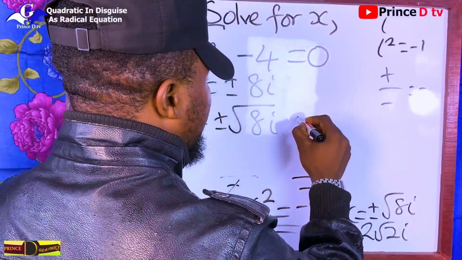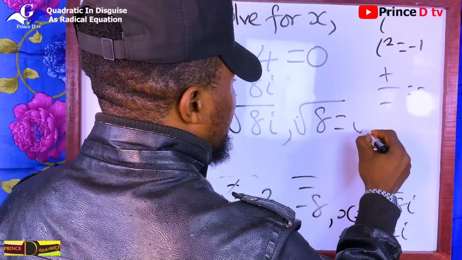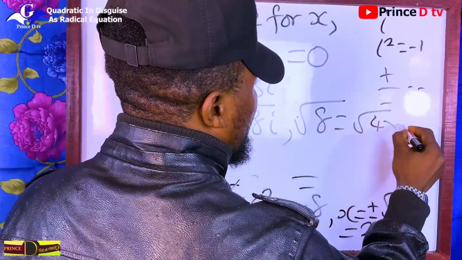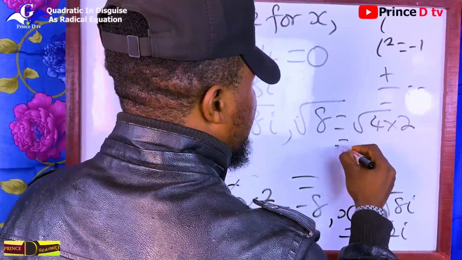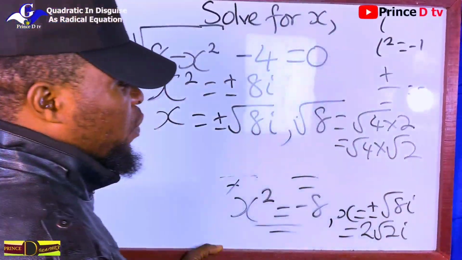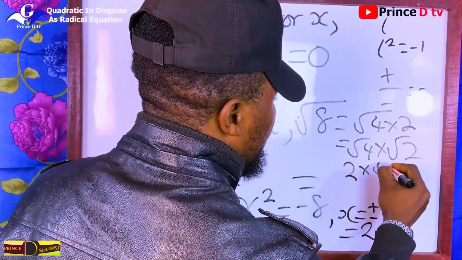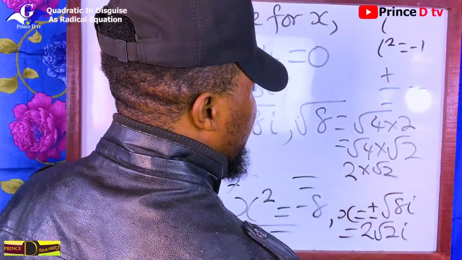And remember, the square root of 8 is the same as the square root of 4 times 2, which is the same as the square root of 4 multiplied by the square root of 2. The square root of 4 is 2, multiplied by root 2.